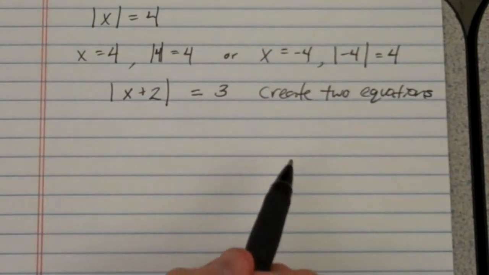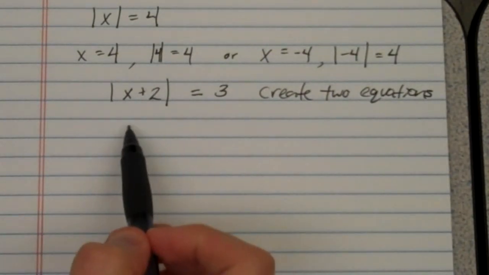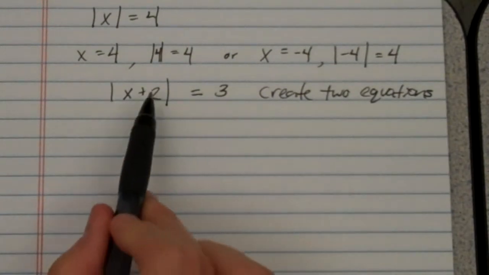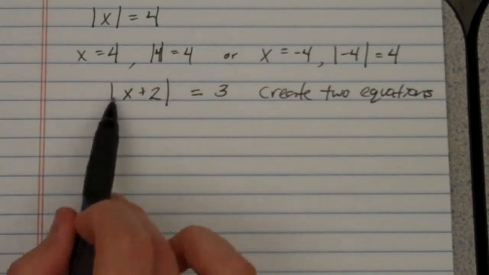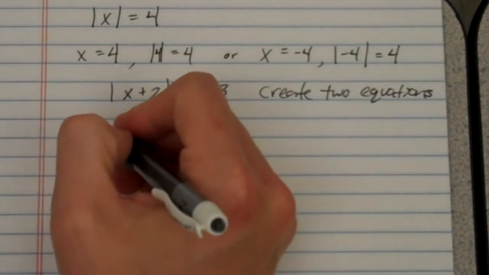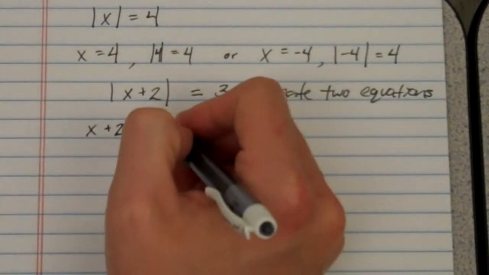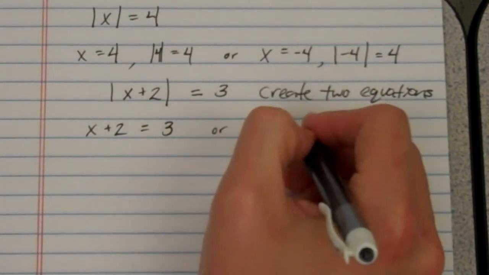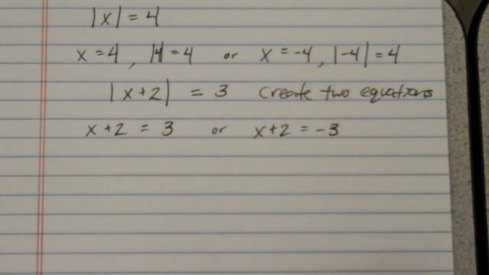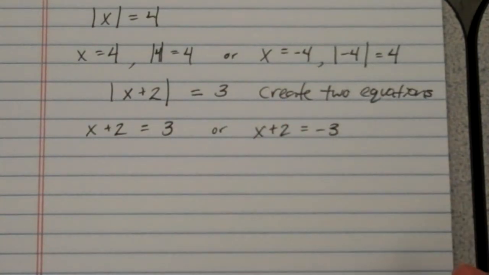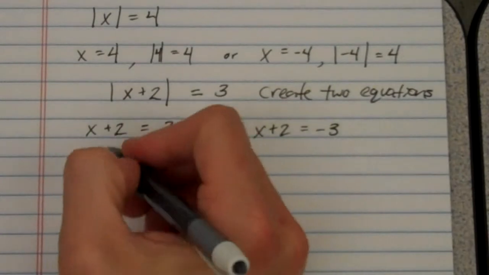Well, sometimes it's not your first step because you've got to isolate the absolute value, but you're always going to be creating two equations. Our absolute value sign is already all by itself. So now I'm going to say either x plus 2 equals 3 or x plus 2 equals negative 3, and then I just solve those algebraically.